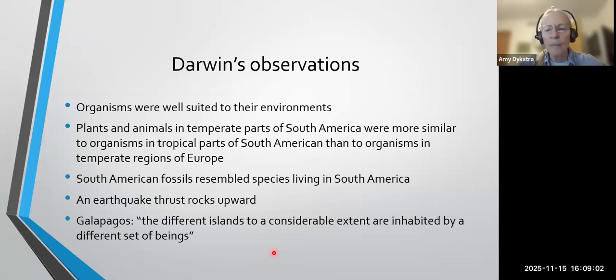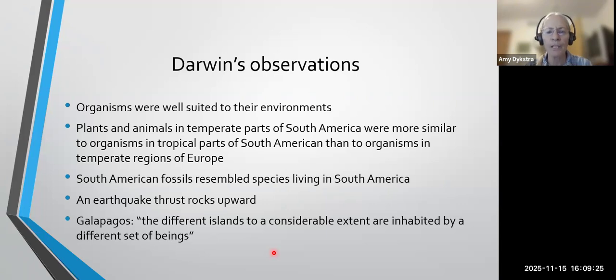So this made him ponder: if the source of organisms on the earth was that God made them and put them in the places where they were, why wouldn't he put similar species in all the cold areas all over the world and different species in the tropical areas of the world?